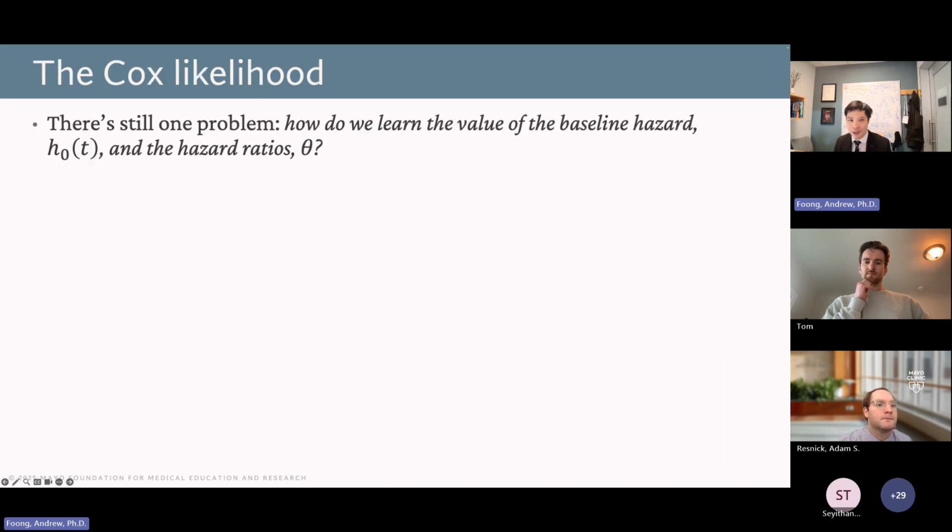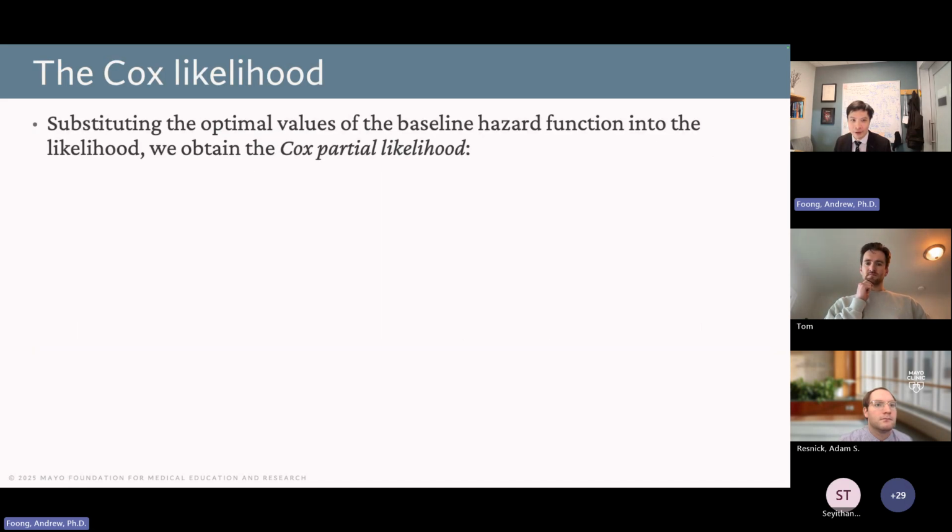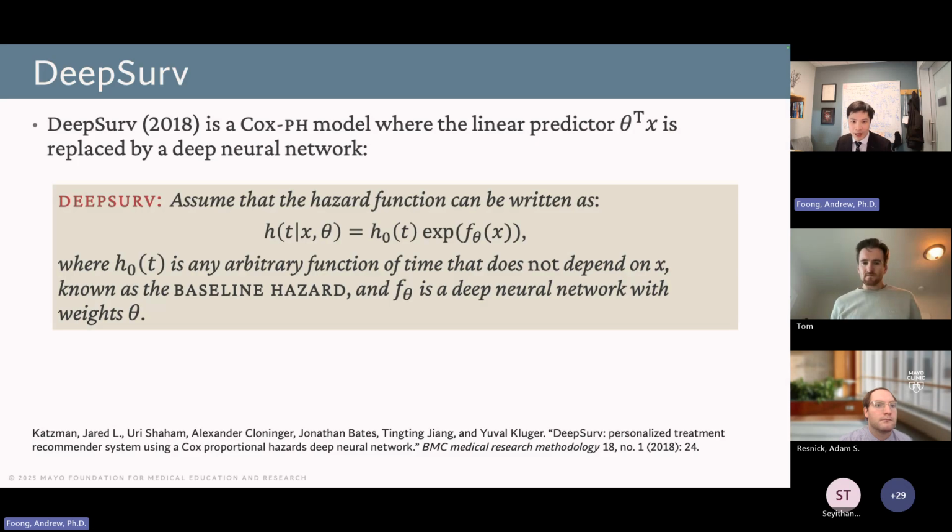You want to at least do something like DeepSurv, where F theta could be some CT foundation model or pathology foundation model. So I think the covariates immediately force you to make a decision there. The other bigger decision after that is whether or not you can still make proportional hazards. I think that is a harder decision to make, and it really depends on the intuition you have about how the features affect survival, and whether you have really nonlinear effects where certain features can force somebody to have a really terrible risk, whereas other features don't.